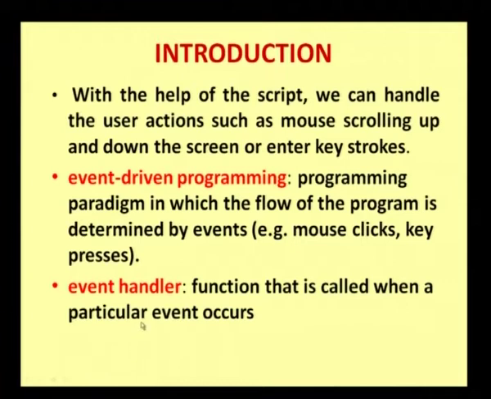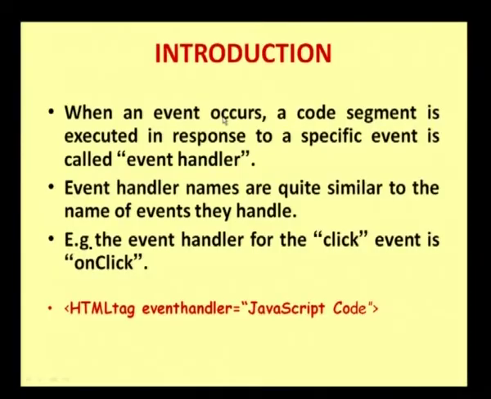Event driven programming determines the flow of the program, and all the events are handled by the event handler. We have to register all the events first in the event handler, and the event handler will take the decision based upon that. Whenever the event occurs, a code segment executed in response to a specific event is called an event handler.